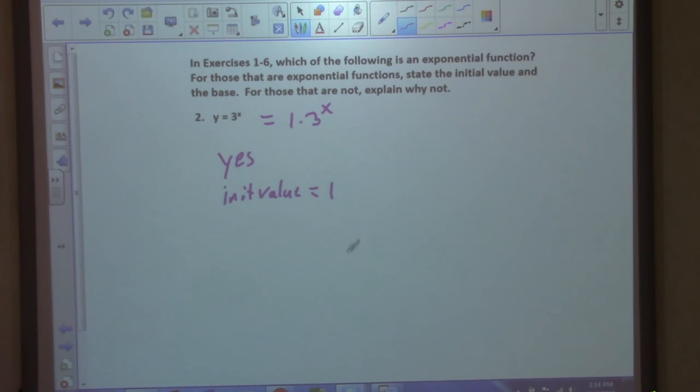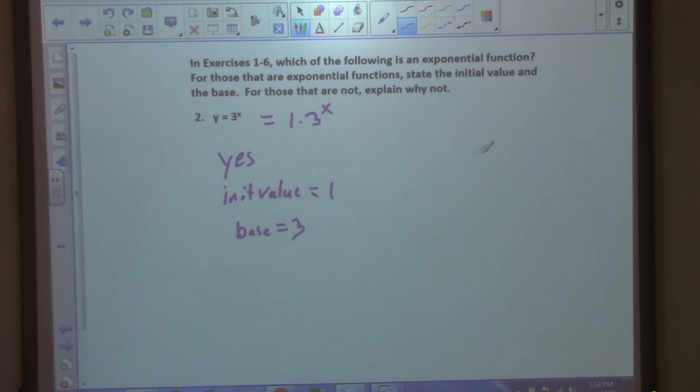Well, not really, because it may not be universally known notation that a means initial value. So I'd say not. So initial value equals 1, and then what is the base? Base is equal to 3.